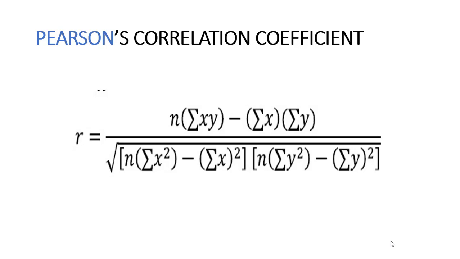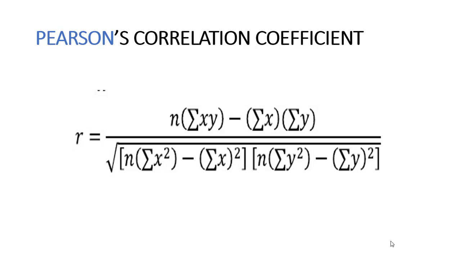We multiply all the values for x by all the values for y, and add them, and we subtract the sum of all the values for x multiplied by the sum of all the values for y. Now, this is a very complicated calculation, but again, the computer is going to do this for you, so you don't have to worry.